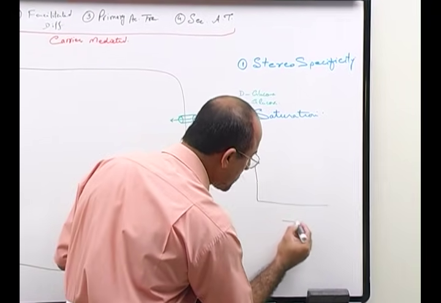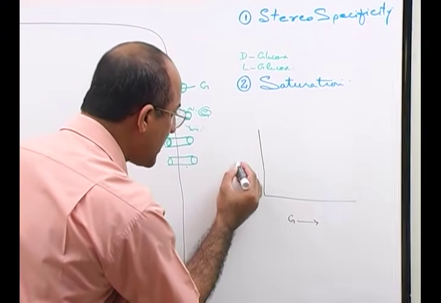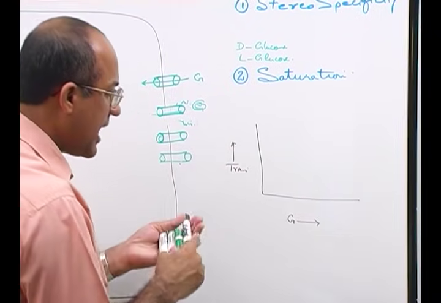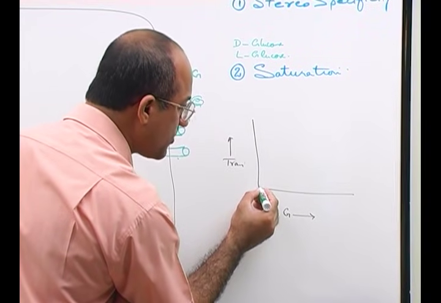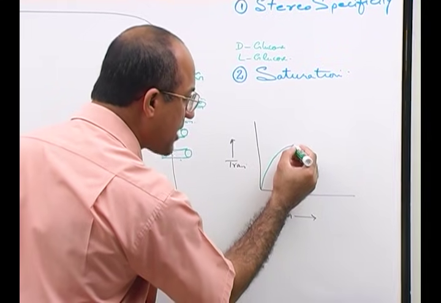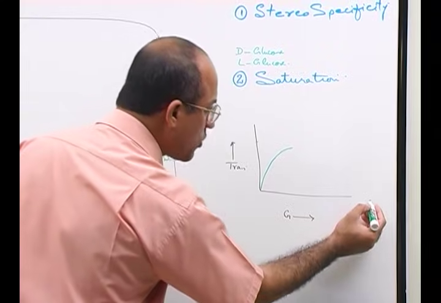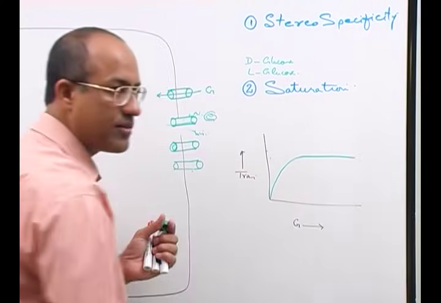We can show it by the graph. Let's suppose here we are increasing the concentration of glucose. Here we are showing the transport of glucose. Initially, as you increase the concentration of glucose, transport of glucose progressively increases. A time comes when all the transporters are saturated. When you further increase glucose concentration, transportation will not increase and it becomes a straight line.